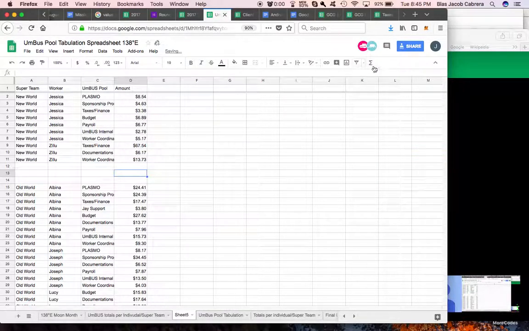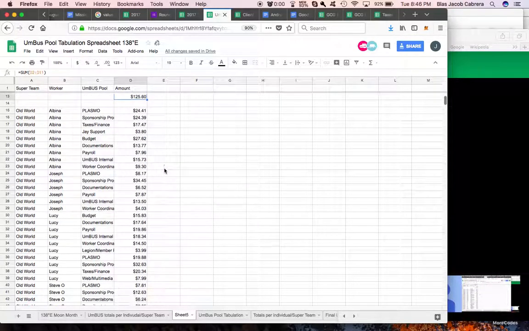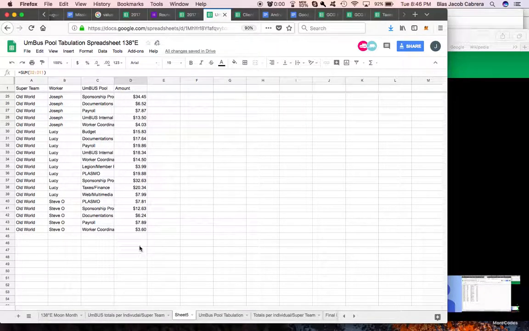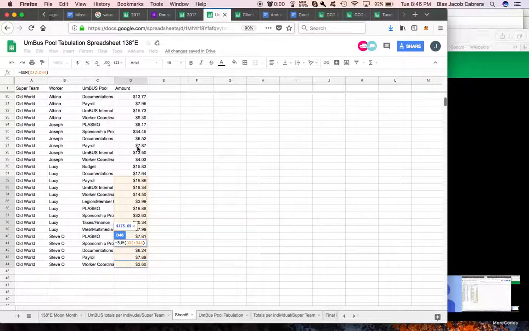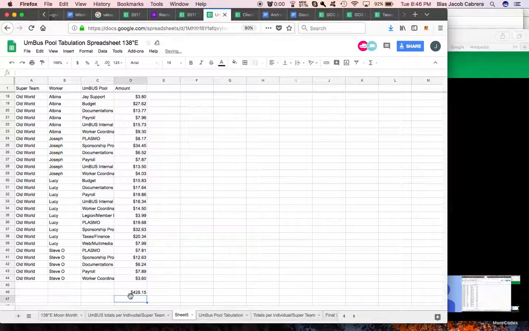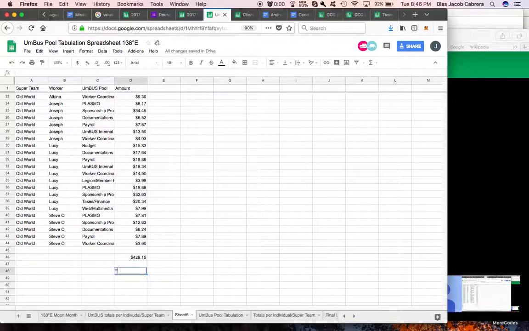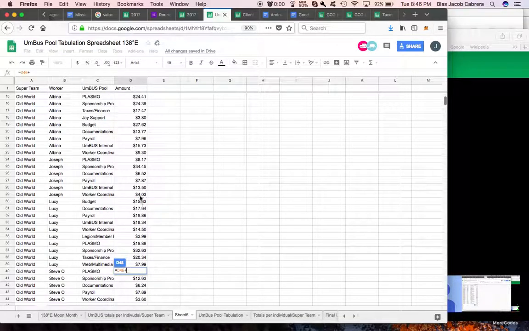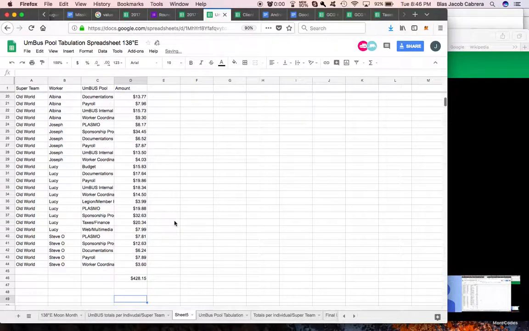So now we instantaneously do unbelievable amounts of work through a little bit of sorting, and we can get the exact actual budget for the new world, 125.60, and also the exact actual budget for the old world, 428.15, and then both of those added together should also add up to the correct amount, 553.76.